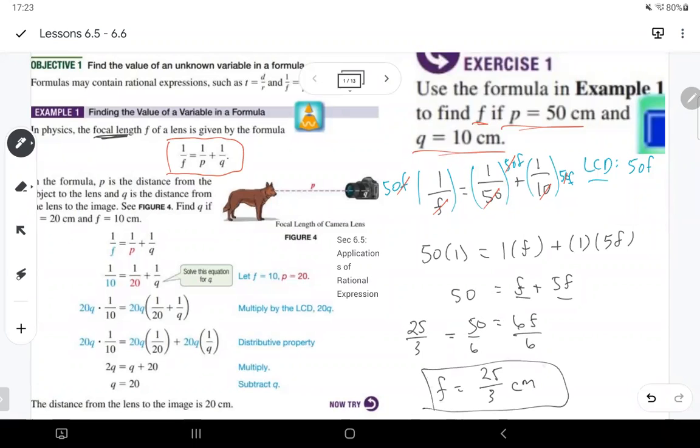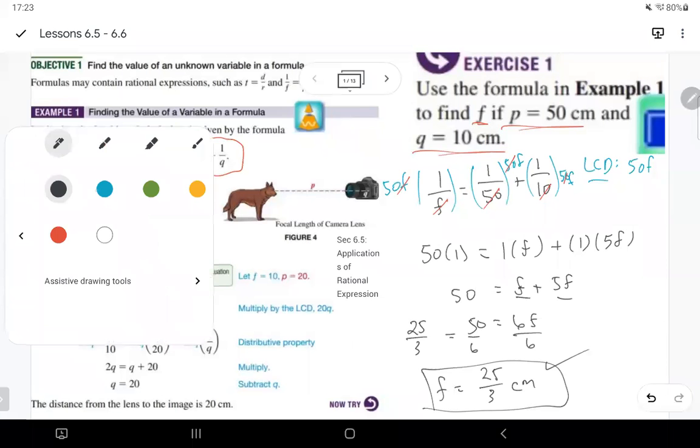You need the units because you are dealing with a focal length. So that has to not only be with the units of centimeters, but also it needs to be positive. So a couple of things here.